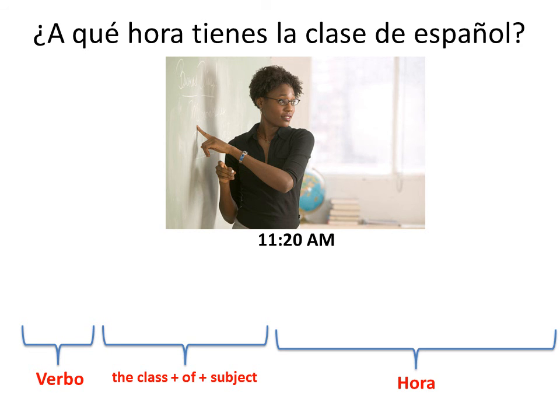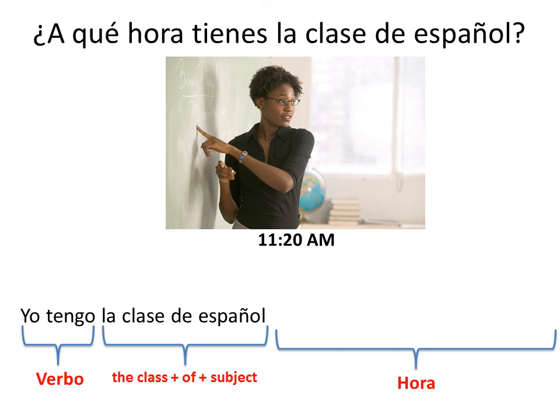So, ¿a qué hora tienes la clase de español? So, at what time do you have Spanish class? What you're going to do in order to answer this question is first give me the verb and then the class with the subject. Okay, so yo tengo, I have, la clase de español, the class of Spanish.